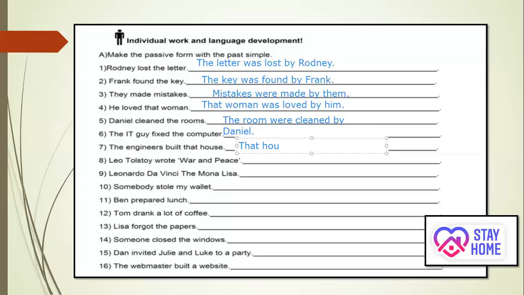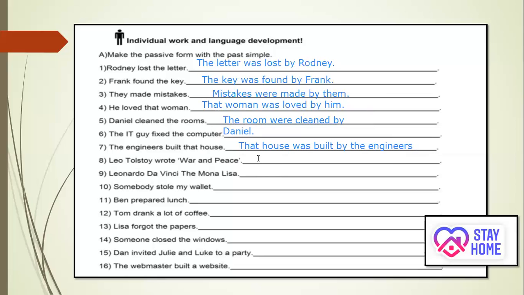That house was built by the engineers. And we do it like this.